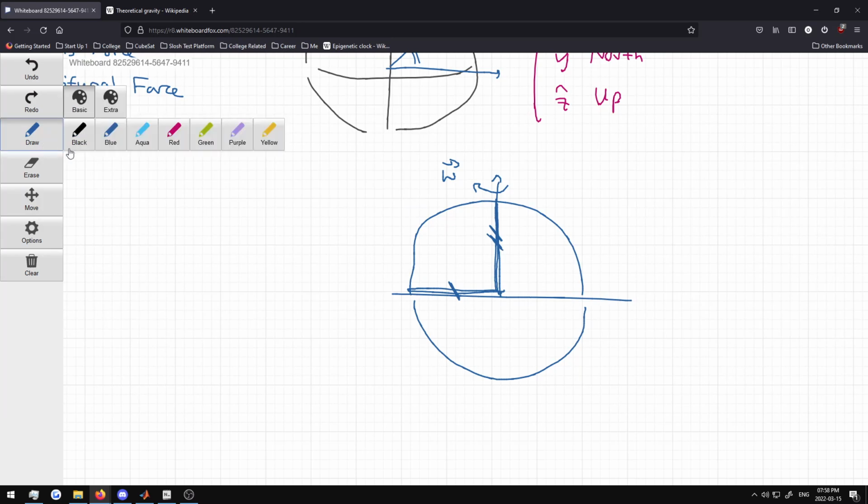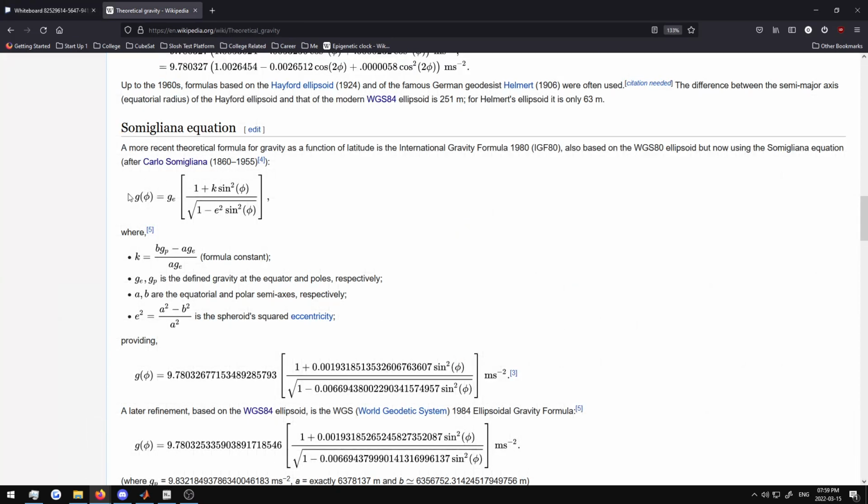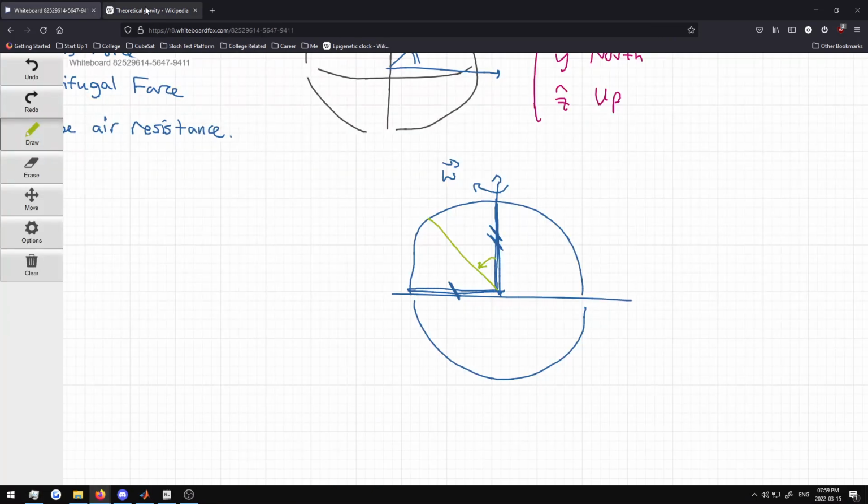As a result, your value of gravity actually changes as you vary the angle from the poles to the equator and back. That is what this equation models essentially. We start with the gravitational constant at the equator, and then we measure the value of gravity as we change our phi angle, as our polar angle changes.